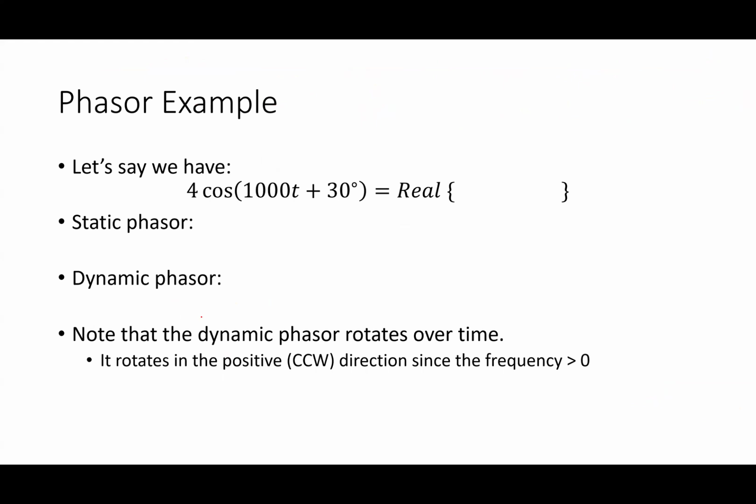For now, let's apply this. Let's say I have 4 cosine 1000 t plus 30 degrees. That is the real part of something. So let's remember what we have. If I have 4 e to the j (1000 t plus 30 degrees), I can expand that with Euler's identity.